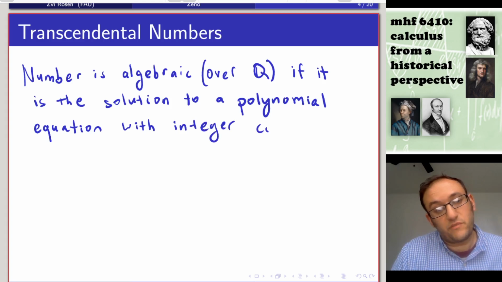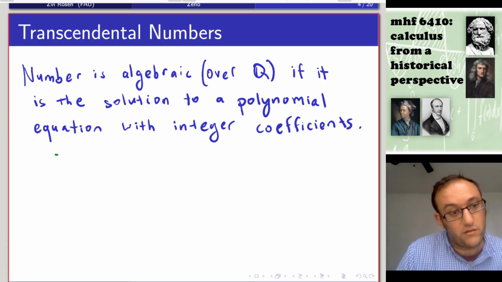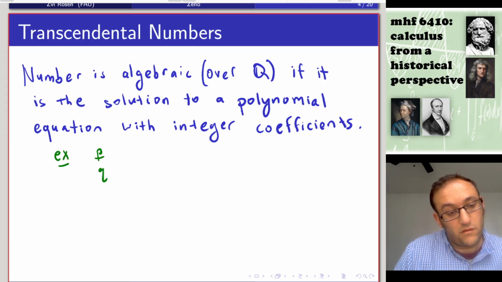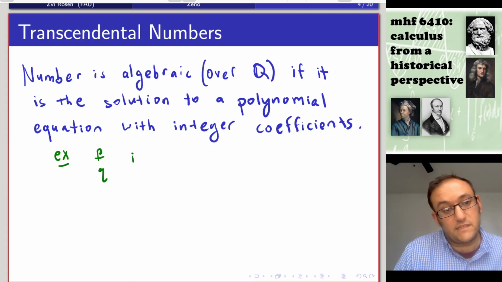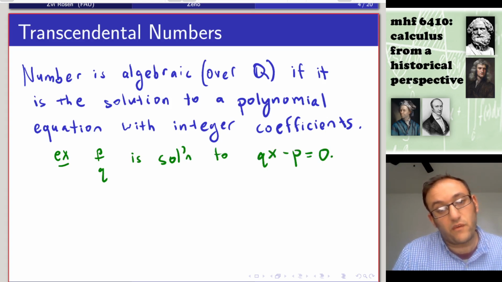Okay, an example of this would be any rational number p/q, this is the solution to the equation qx minus p equals 0.